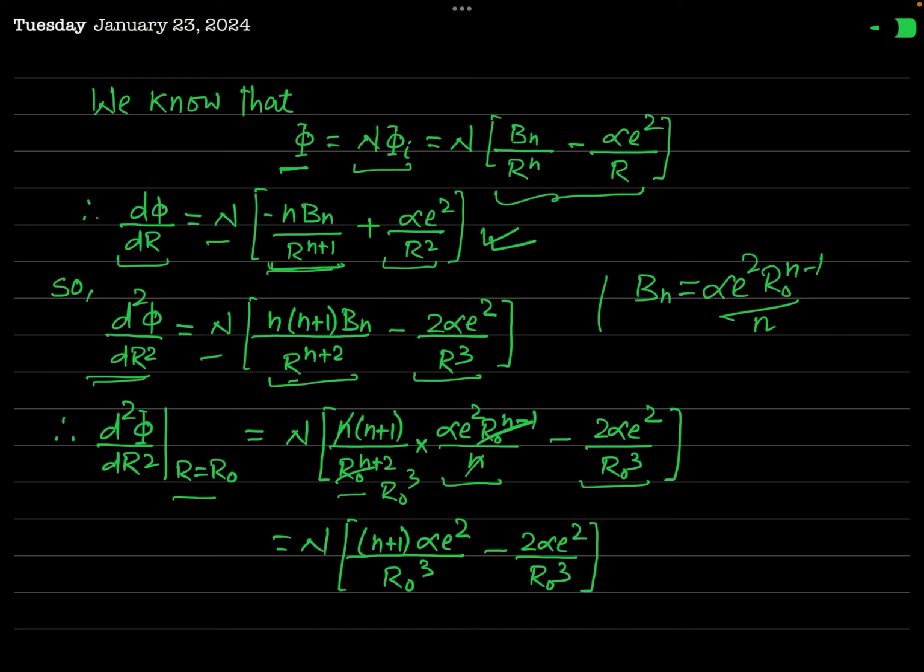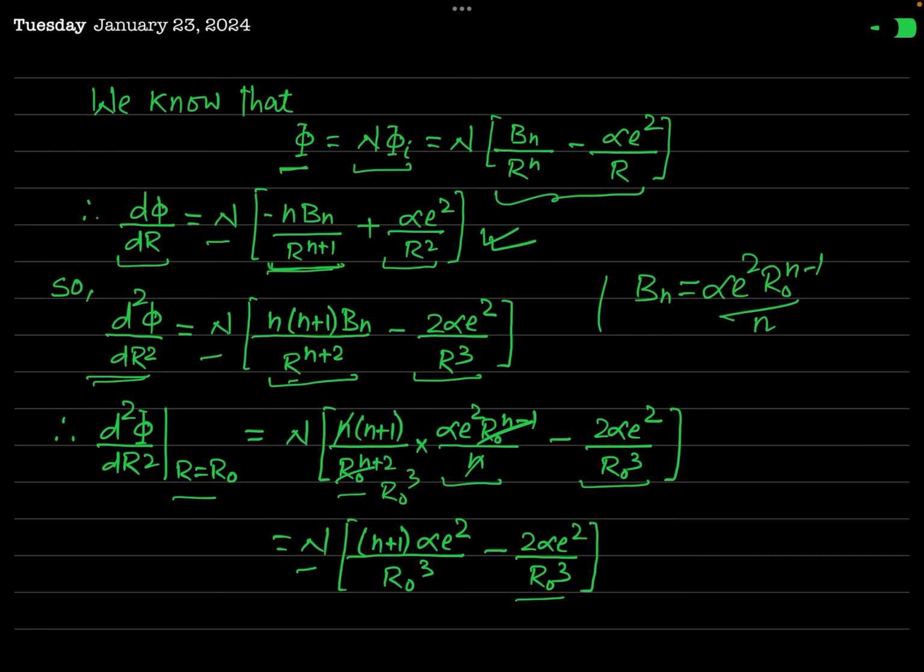So our result is d2 phi by dr square at r equal to r naught equal to n times n plus 1 alpha e square over r naught cube minus 2 alpha e square over r naught cube.